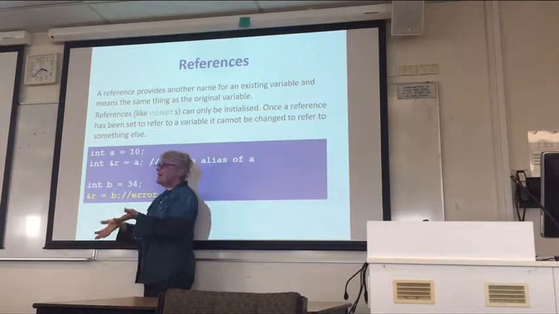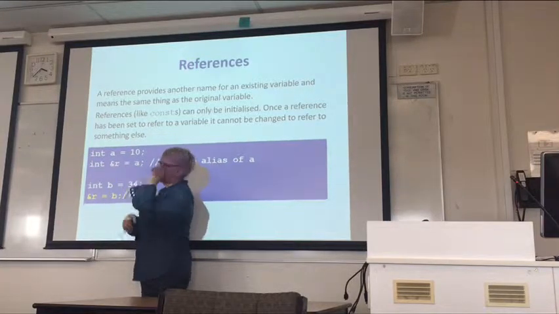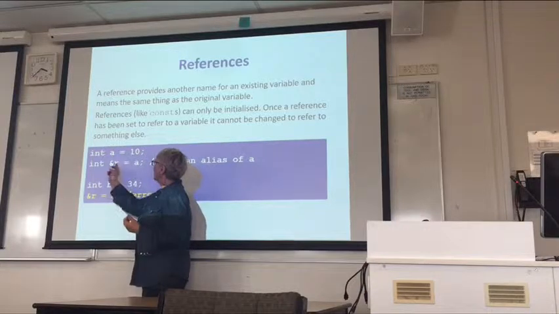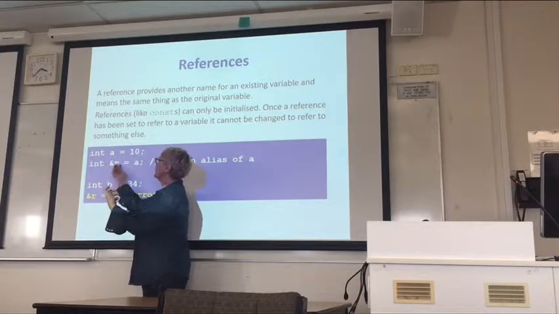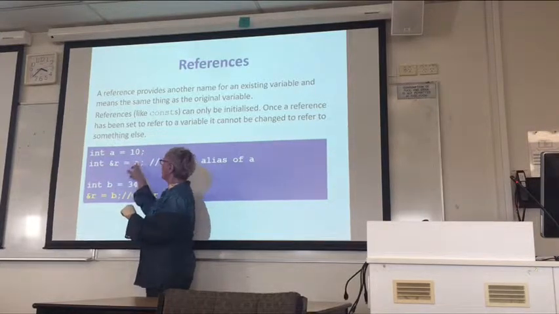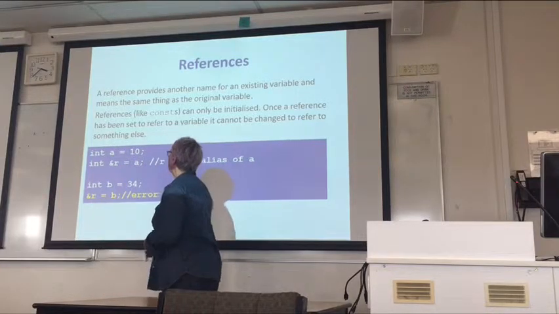It's another name for that variable. And if you take the sizeof operator or try to display the address where R is stored, address of R, you will get the same address as for this one, which tells you it's exactly this variable.